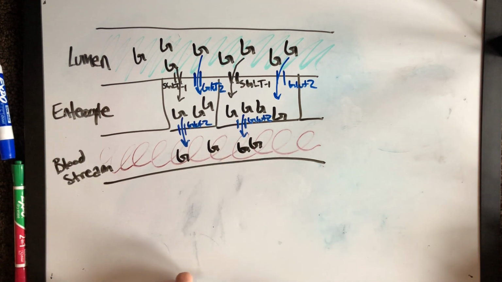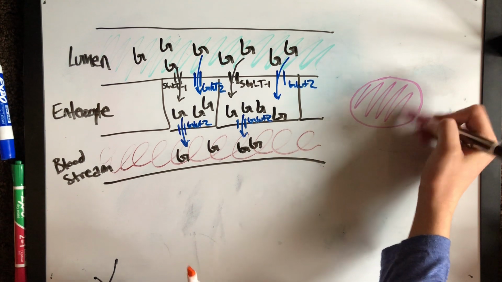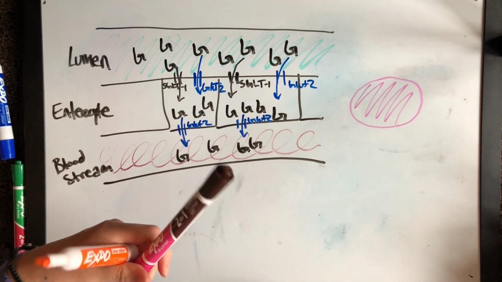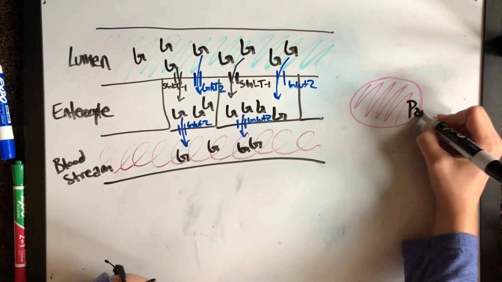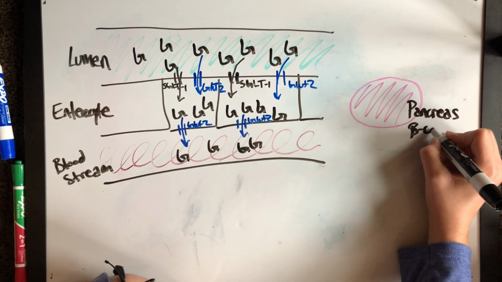Okay, so let's draw a little pancreas over here. What color do we want our pancreas to be? Let's do a pink pancreas. That's your pancreas. This is actually a pancreatic beta cell. I guess it's not just your pancreas. So, pancreas beta cell.